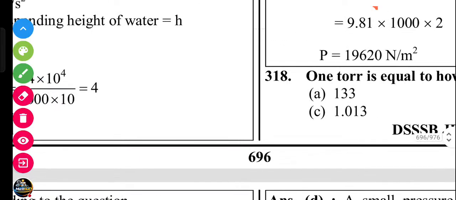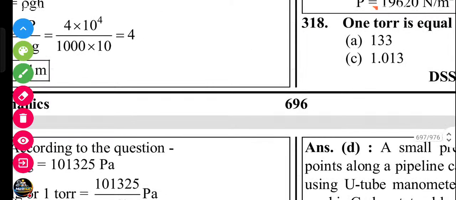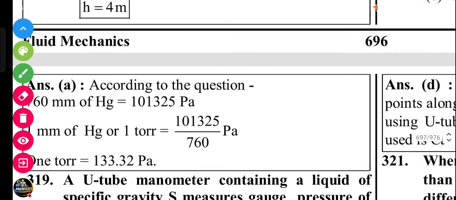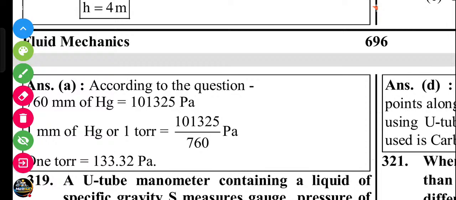Let's check the answer. I confused this question. 1 torr equals 101325 by 760 pascal, so 133.32 pascals. Remember it: 1 torr equals 133.32 pascal.